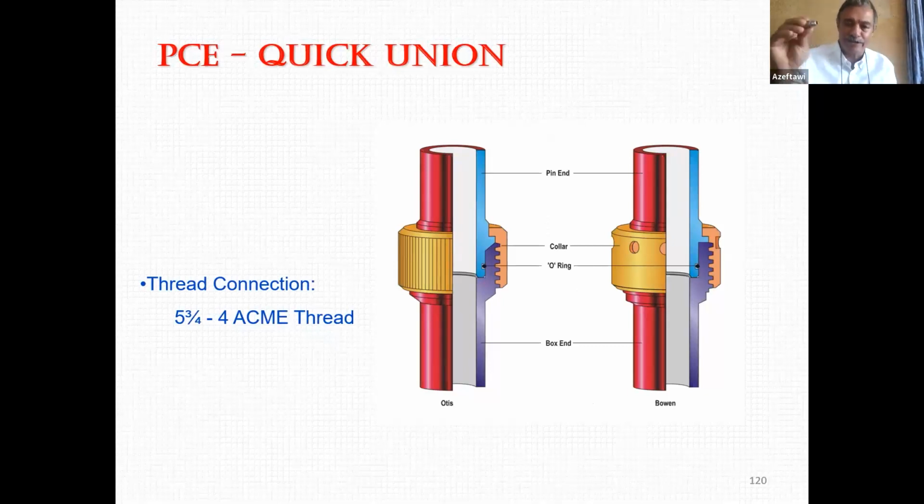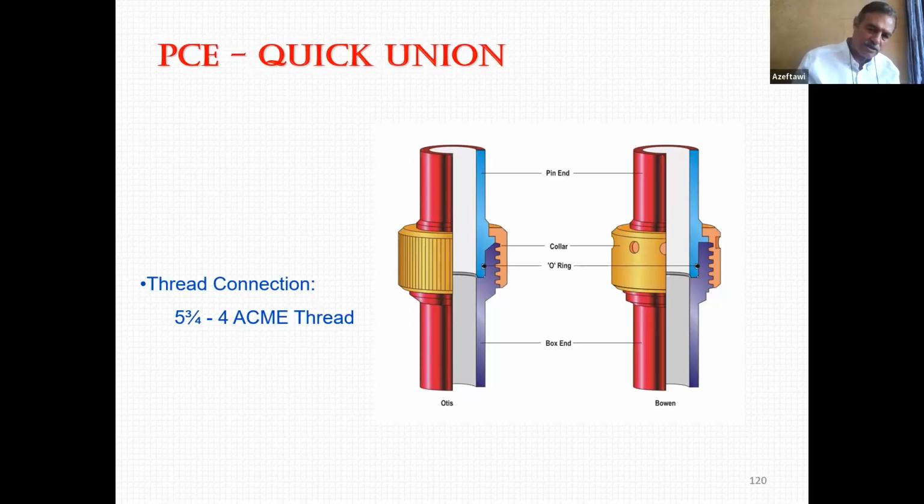Normally, when I call this thread, if you see this thread, this is MPT thread, quarter inch MPT, national pipe thread. But why does this one have two numbers, 5 3/4-4? Because 5 3/4 is the size, the diameter, and -4 means it has 4 threads per inch.